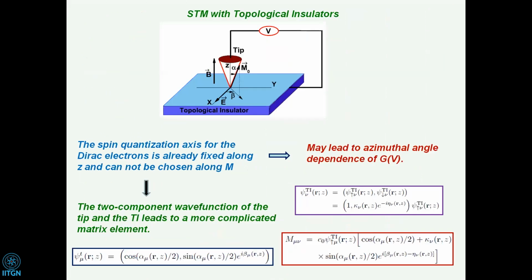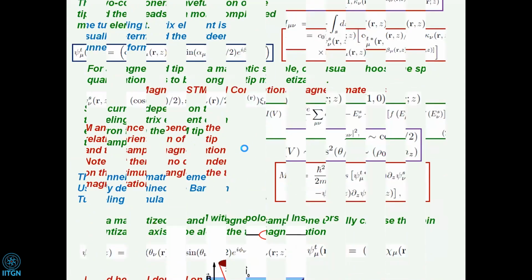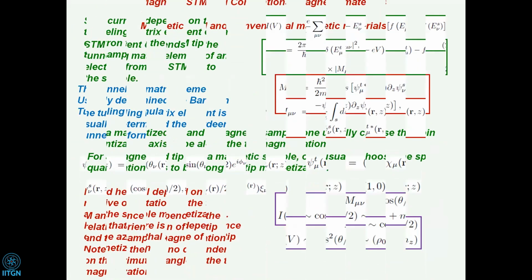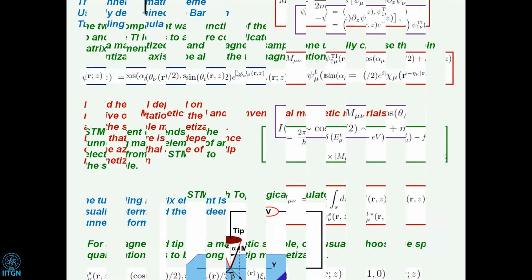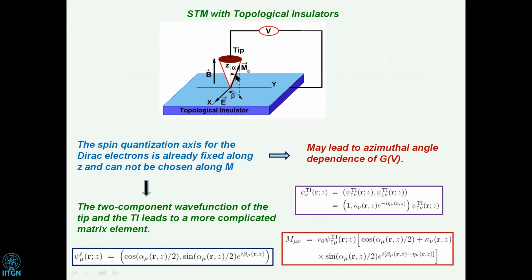However, this situation of course changes when you have a topological insulator, because on the topological insulator surface, you have already fixed the spin quantization axis to be perpendicular to that surface. So now the tip of the SCM can have a magnetization at a certain angle to this thing, which is given, and therefore its wave function is given by something like this, where kappa nu is some complicated function.